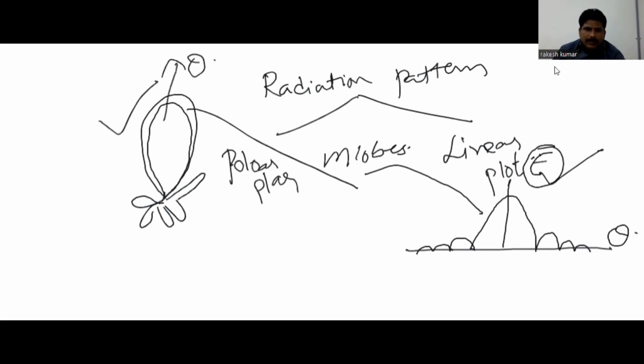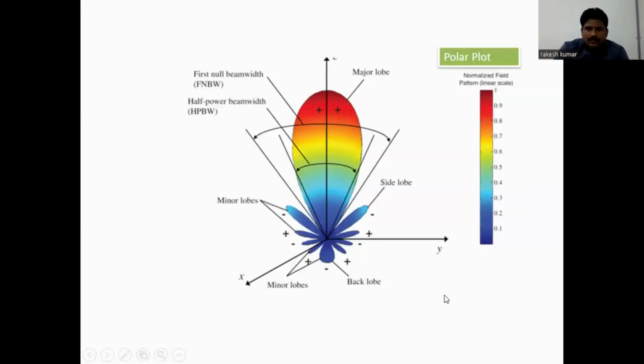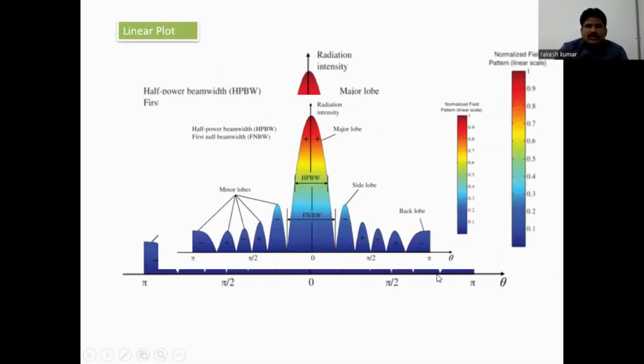So this is the polar plot, and this is the linear plot representation. In this linear plot representation, this is the major lobe. This is the electrical field E.